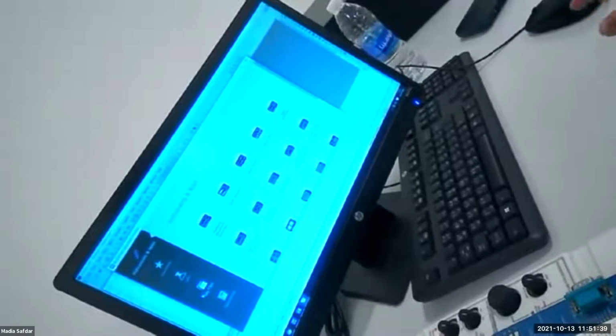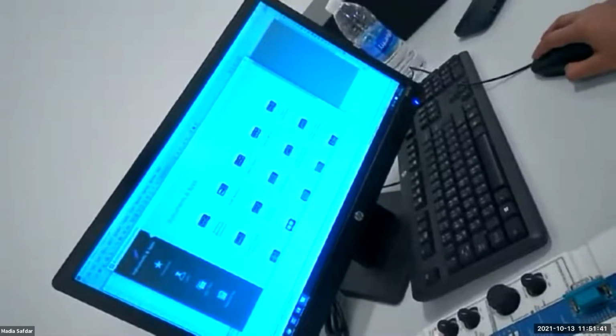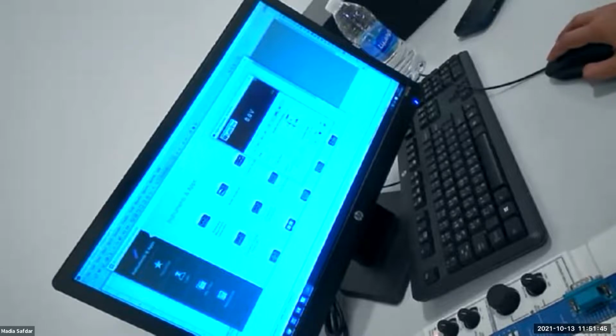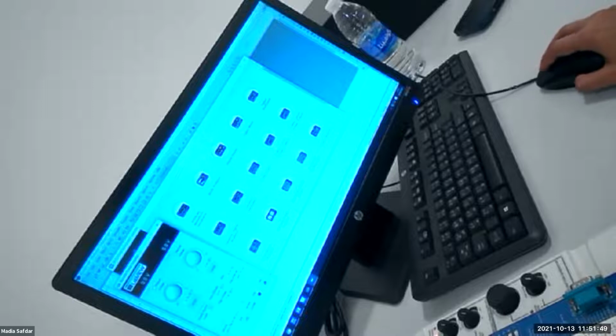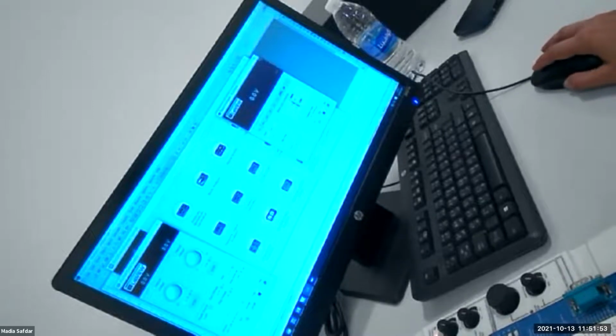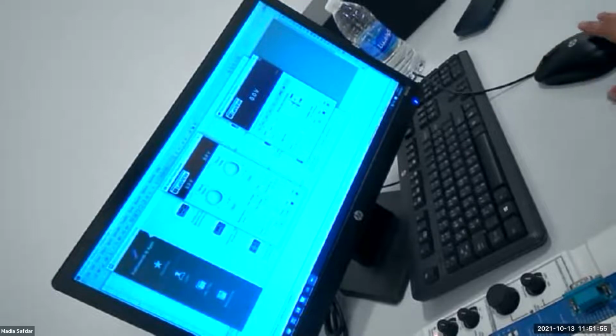Can you see the screen clearly? Then from here you will take the digital multimeter, and as we are using the variable power supply, we will take the variable power supply. So I have two windows here. This is the multimeter. This is the variable power supply.